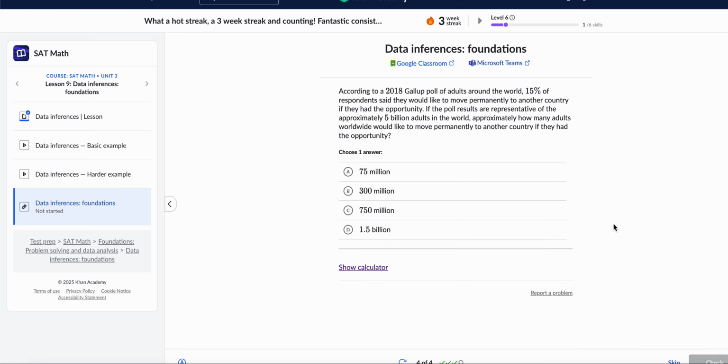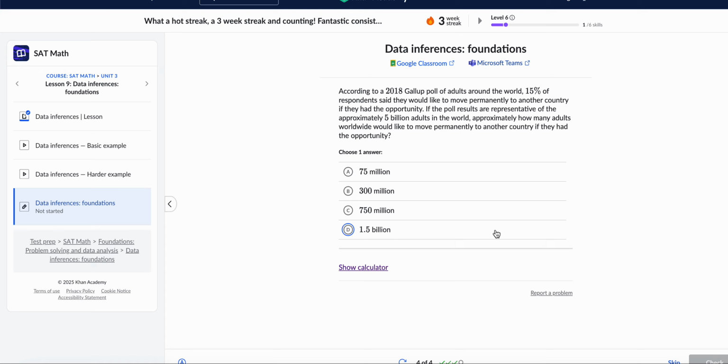All right. According to a 2018 Gallup poll of adults around the world, 15% of respondents said that they would like to move permanently to another country if they had the opportunity. If the poll results are representative of approximately 5 billion adults in the world, how many adults worldwide would like to move permanently to another country if they had the opportunity? Okay.